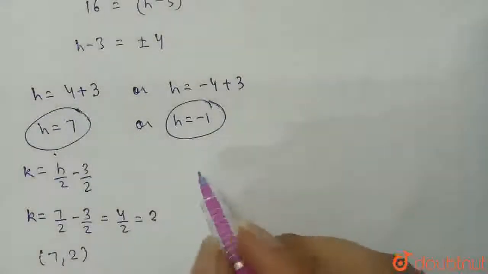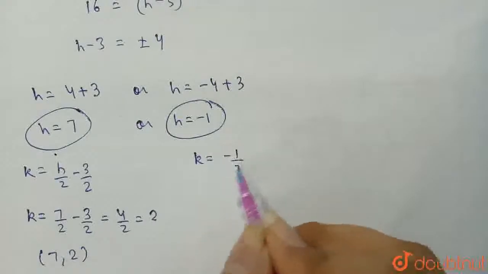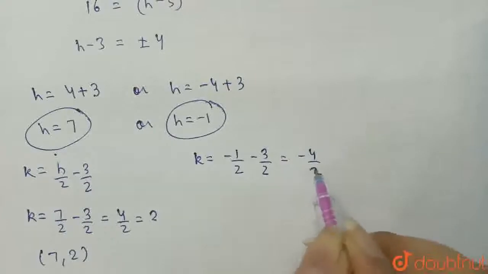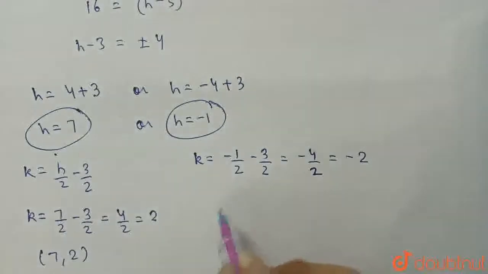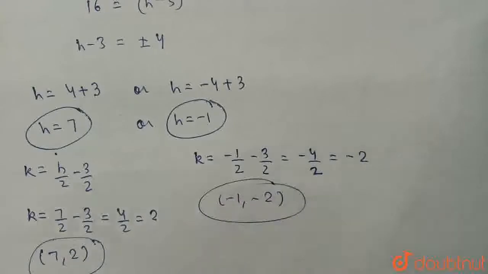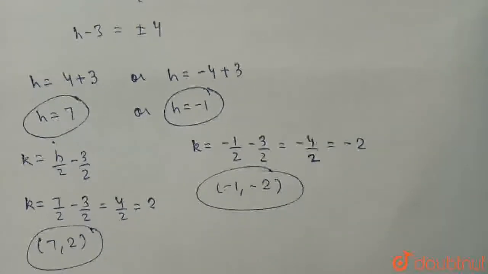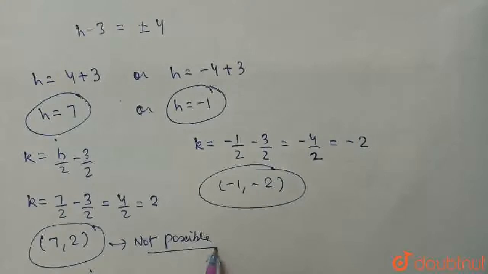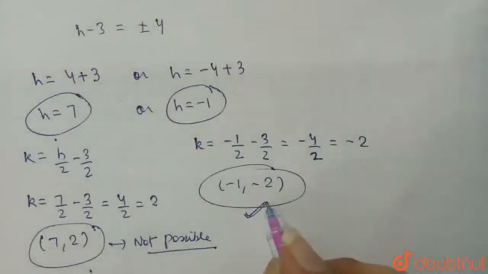The other point will be k is equal to minus 1 upon 2 minus 3 by 2, which is equal to minus 4 by 2, which is equal to minus 2, and the other point is minus 1 comma minus 2. So we have got the 2 possible points of B, that is 7 comma 2 and minus 1 comma minus 2. But we know that the coordinates of point A are 7 comma 2. So this value of point B cannot be possible because point A is 7 comma 2. Hence the coordinates of point B are minus 1 comma minus 2, and this is our answer.